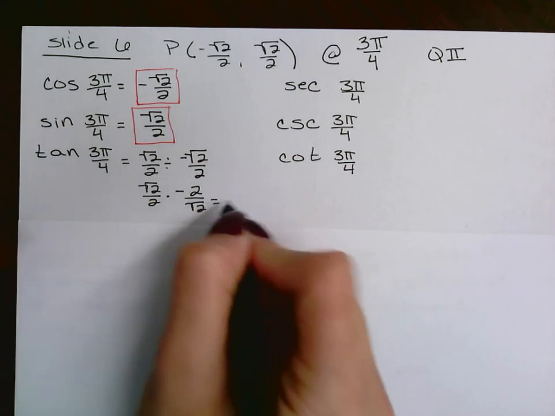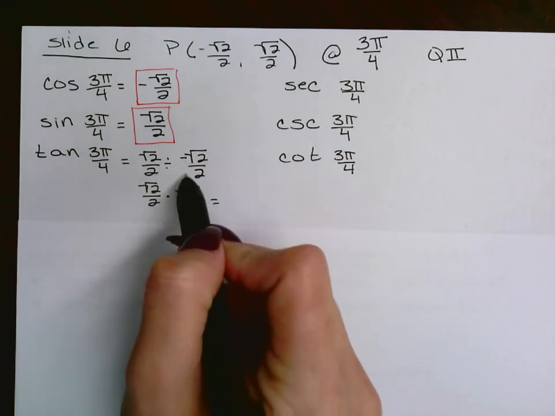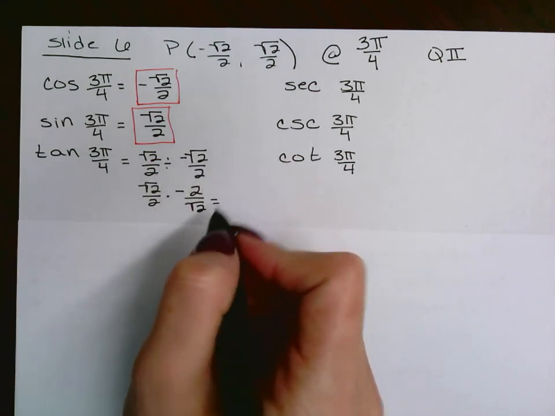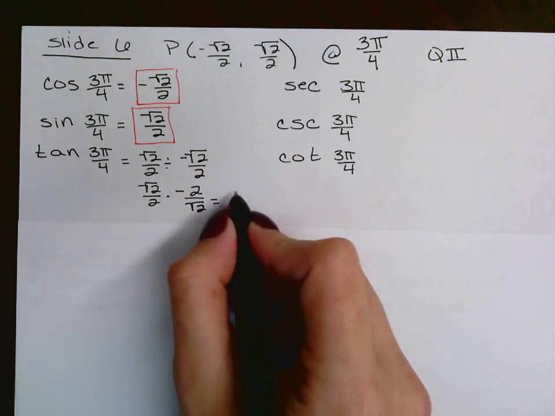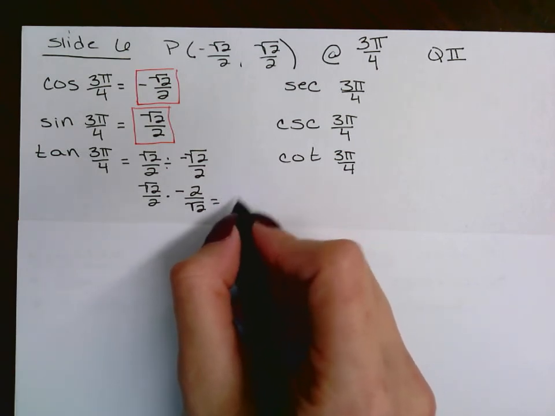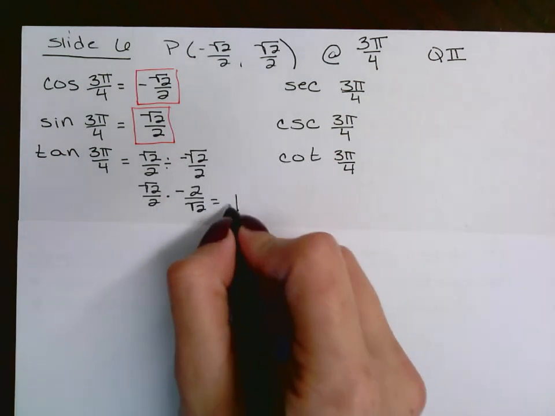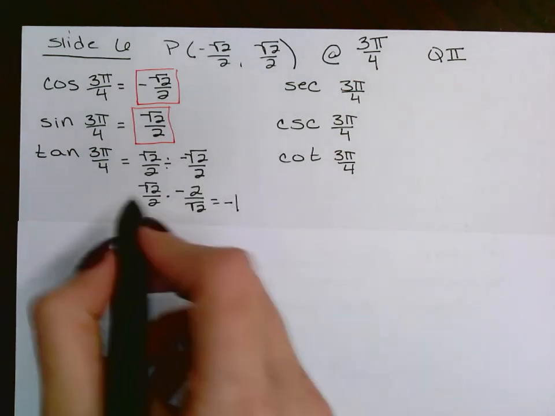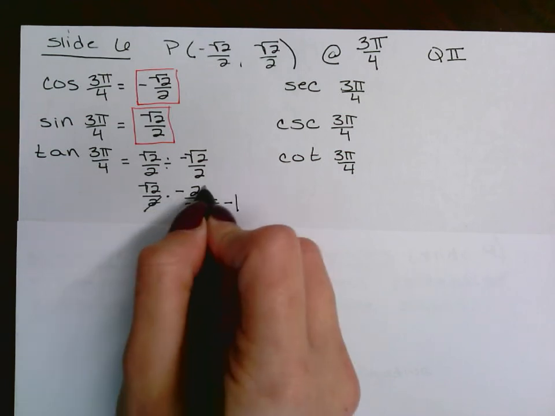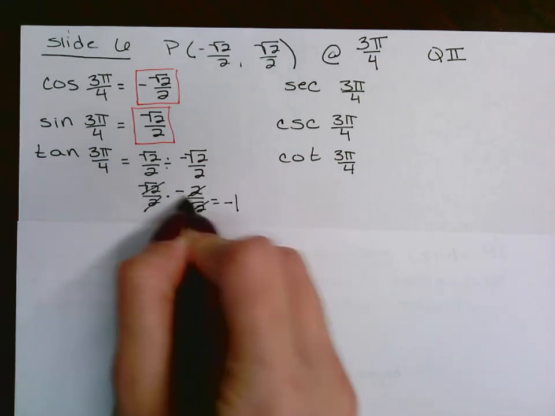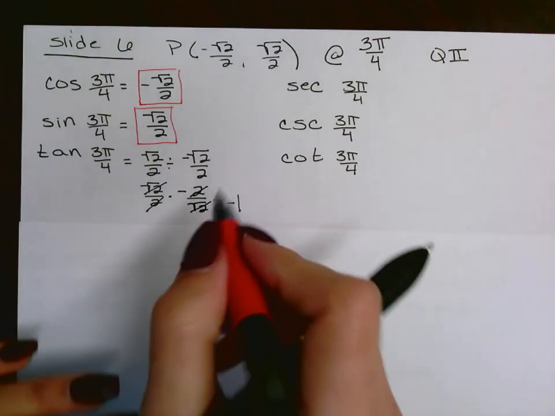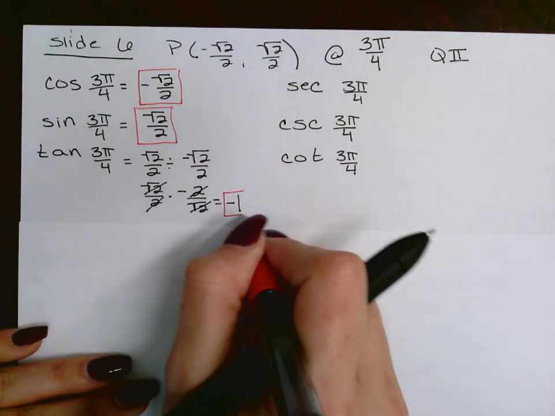You could also remember in your head, when you divide two numbers that are identical to each other, you end up with 1. It's like saying 5 divided by 5 or 6 divided by 6. So I just end up with 1. And then a positive divided by negative is negative. Or if you look down here to our key change split, you'll see that everything cancels, and I'm just left with negative 1. Okay?